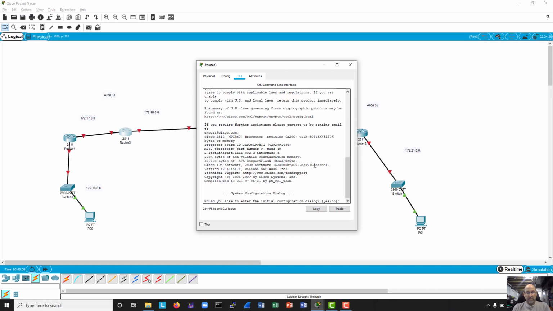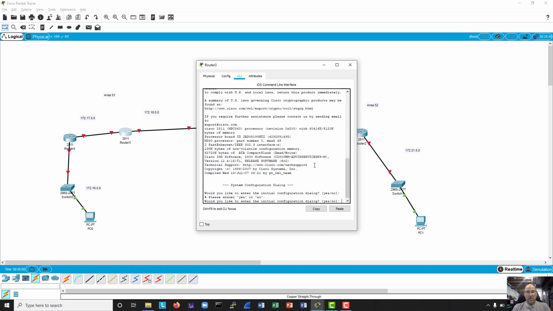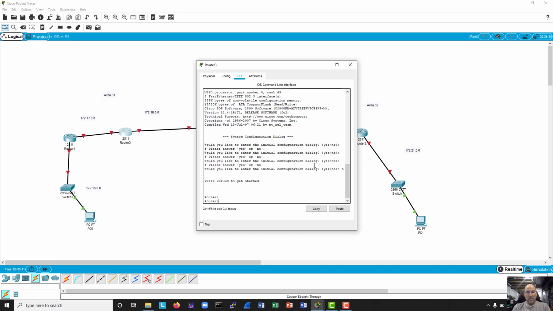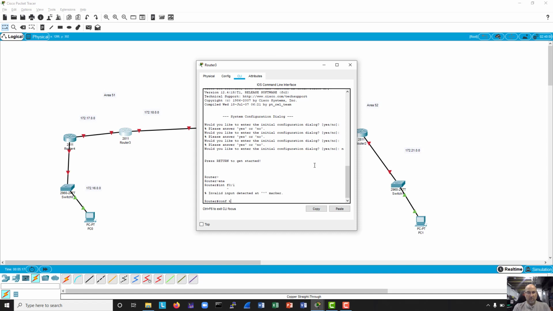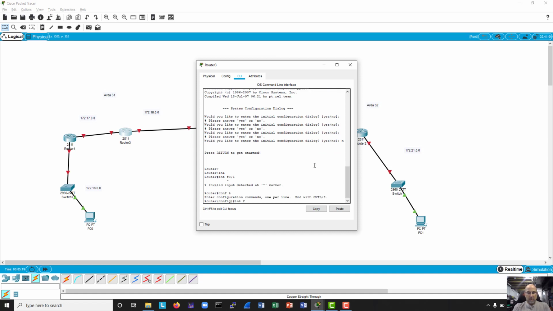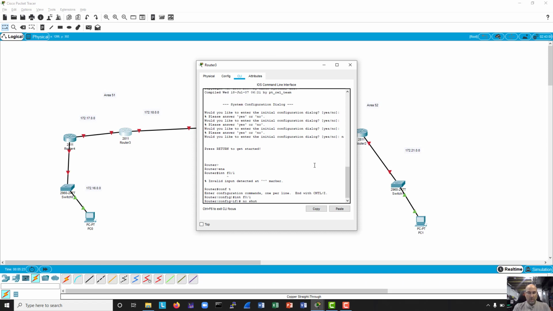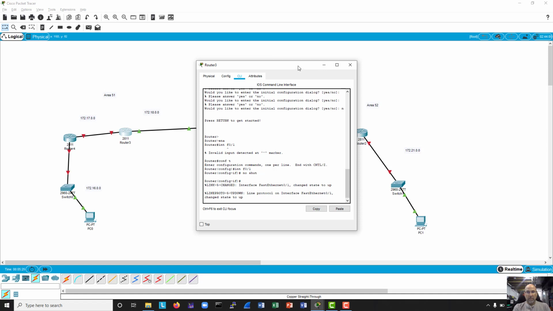Without switches, I don't have the auto. Let's do int f0/0. This should be 0/1. Oops. Int f0/1. Let's do a no shut here. There we go. All right.